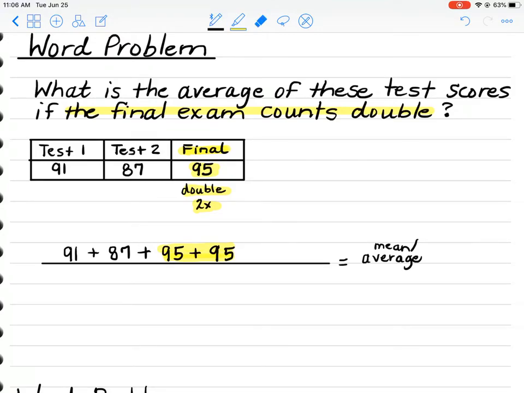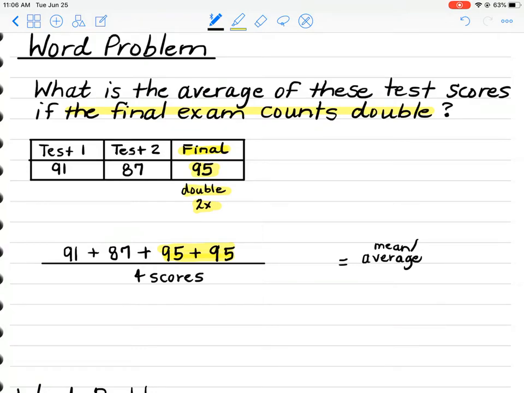Even though I only took 3 exams, how many exam scores am I counting? Well, there are 1, 2, 3, 4 scores that we're counting. So we want to be sure that we count that twice in that final as part of our bottom number.